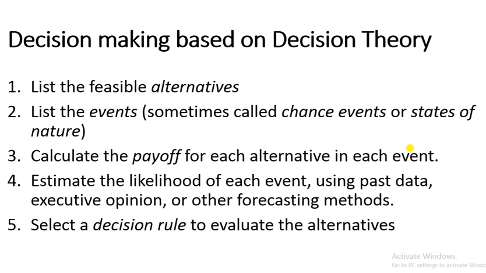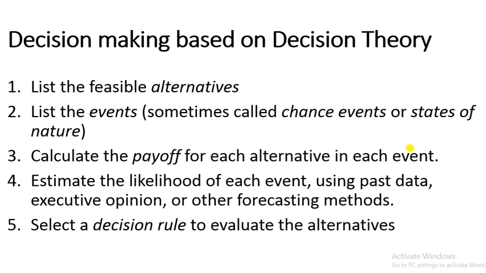Here you can see that you are not sure about the outcome of any alternatives. So, based on that, what you will do, you will try to find out the probabilities, that is, how many percent chances there are of a particular event.